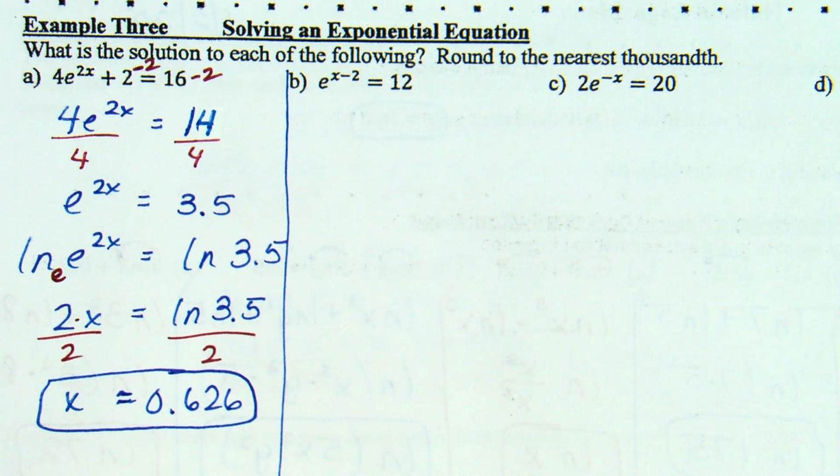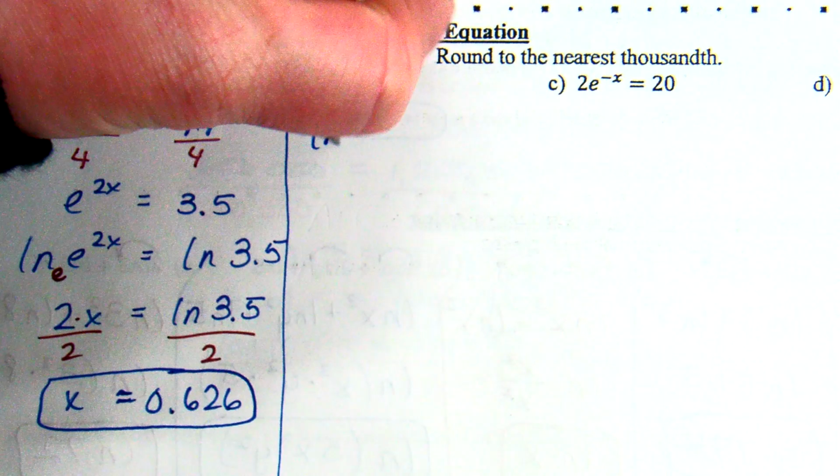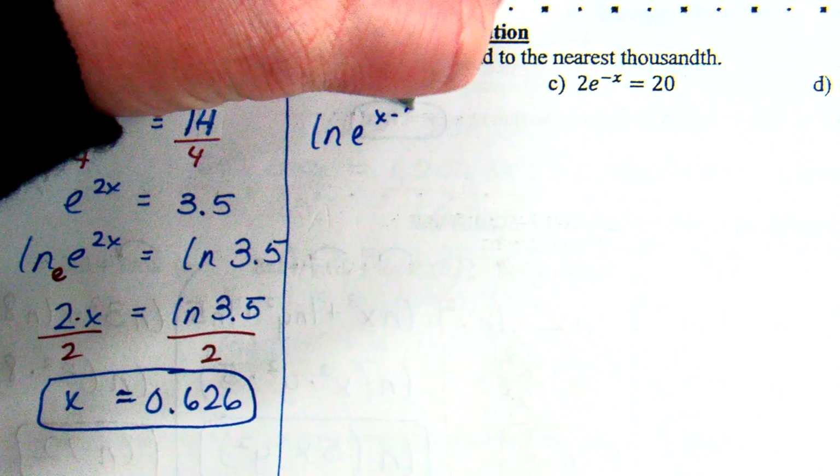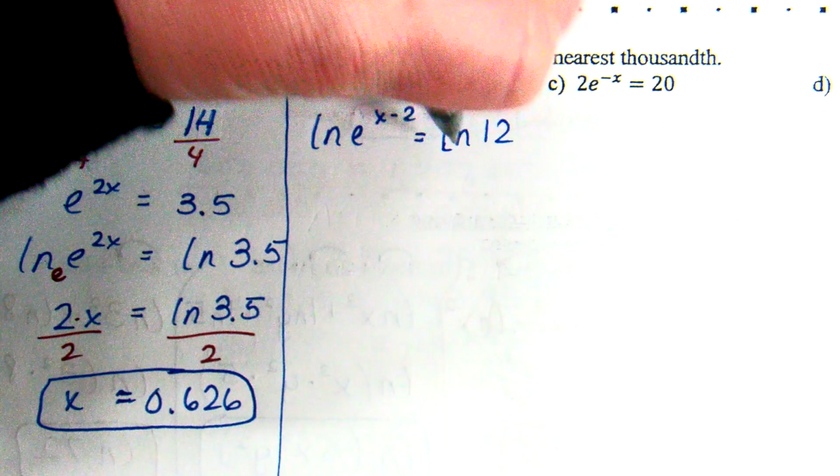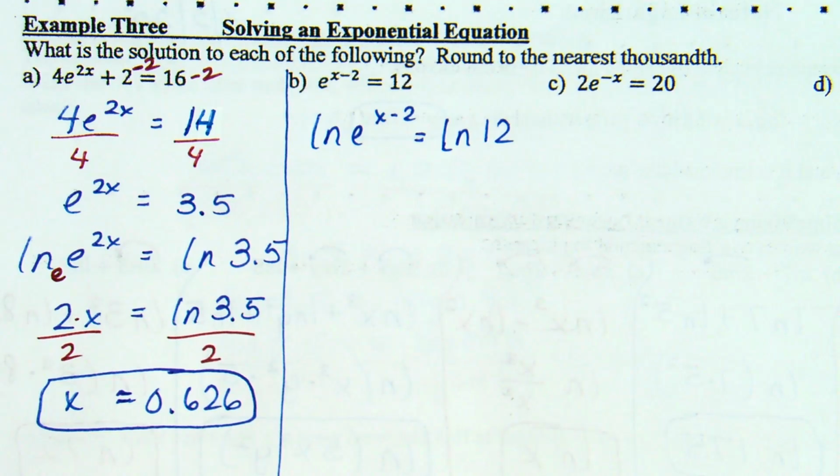Now when we say take the log of both sides, because it's an e, that is the one time we need to use natural log. So the natural log of e to the x minus 2 equals the natural log of 12. So if there's no e in the problem, we're just going to move on.